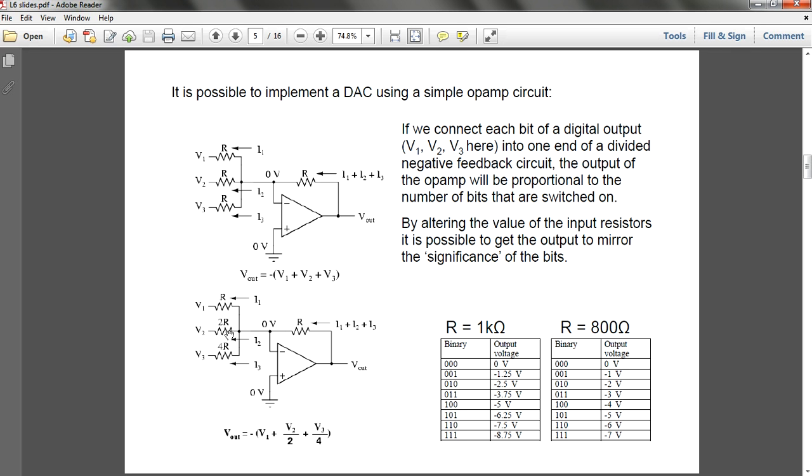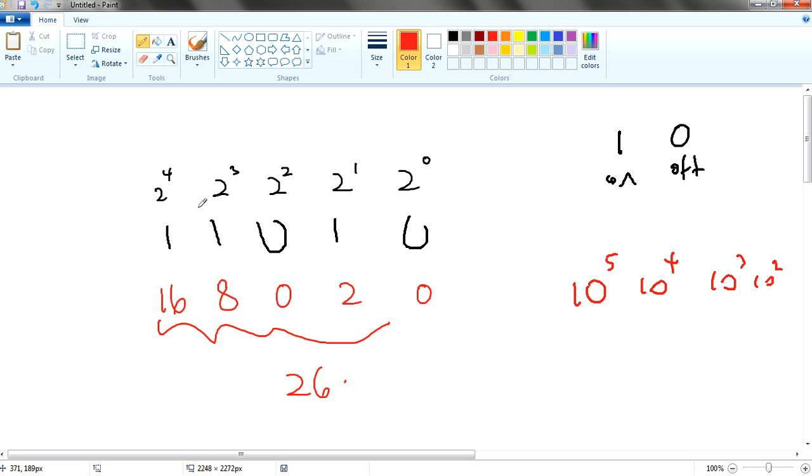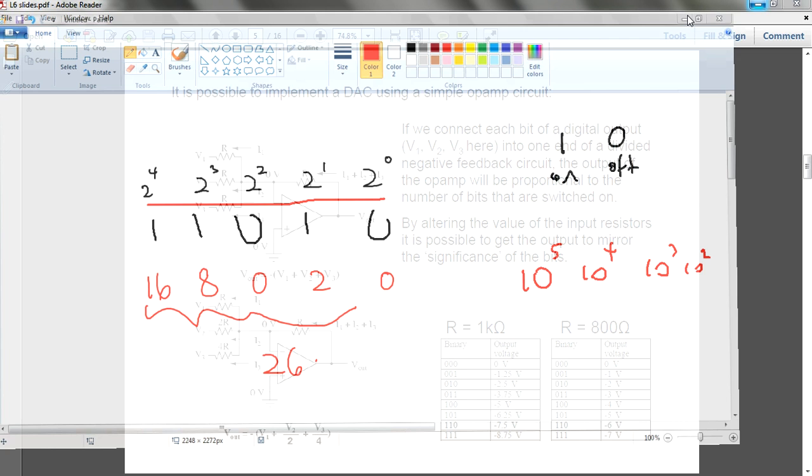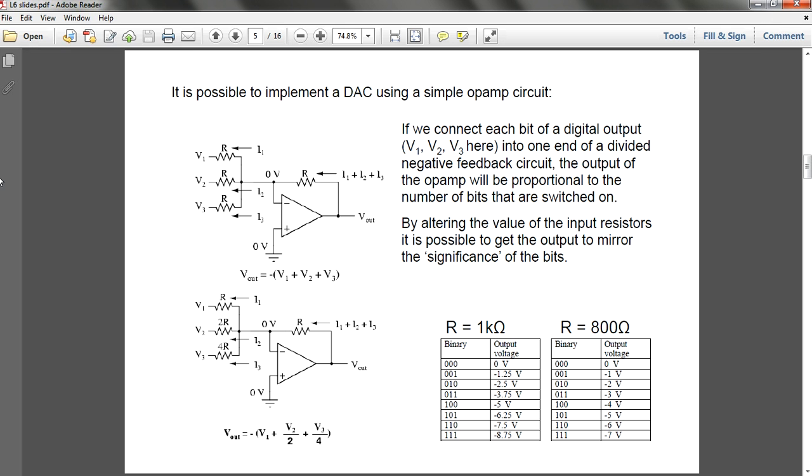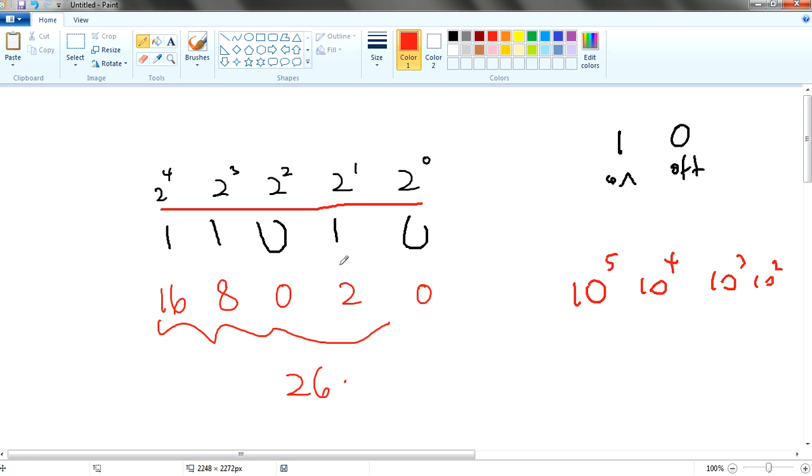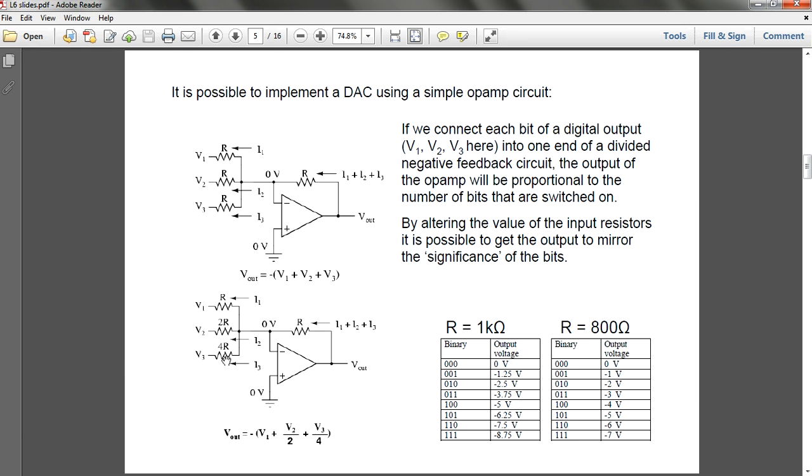Each of the R signifies the powers of 2 over here. 2 to the 0 is 1R, 2 to the power of 1 is 2R, and 2 to the power of 2 is 4R, so on and so forth. So you have a chunk of resistors connected in parallel and connected as an input into the inverting amplifier.